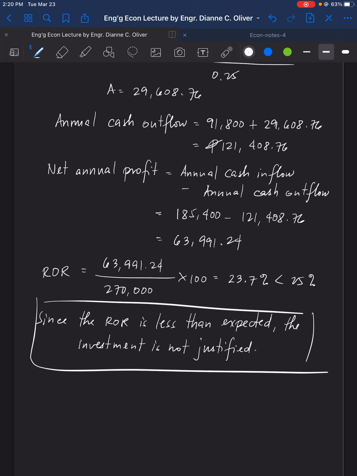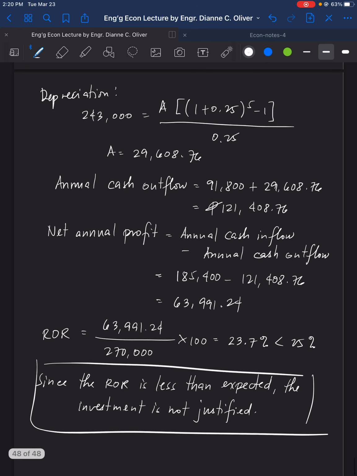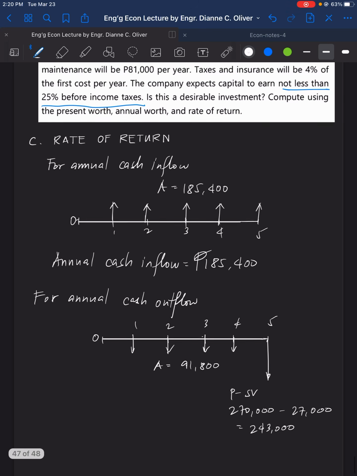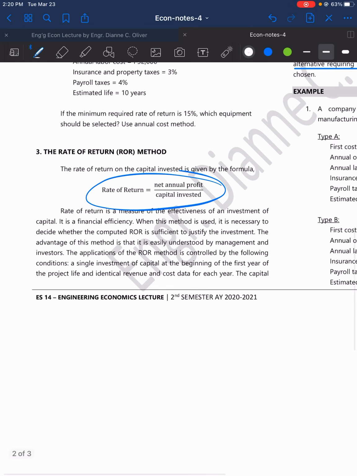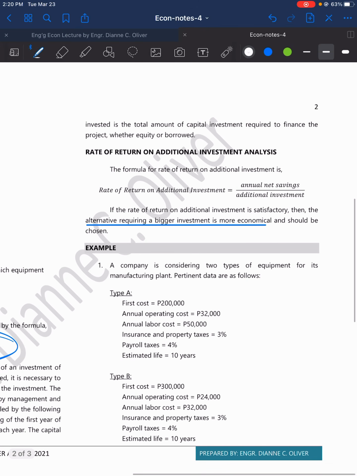So that's for ROR. Now, this is different to the previous example for ROR a while ago because what we are dealing with here is a singular project. There is no other alternative. It's only one. Whereas in the previous ROR, we had two alternatives.